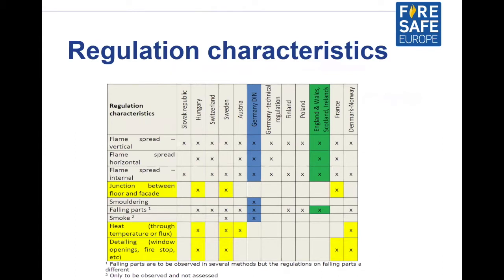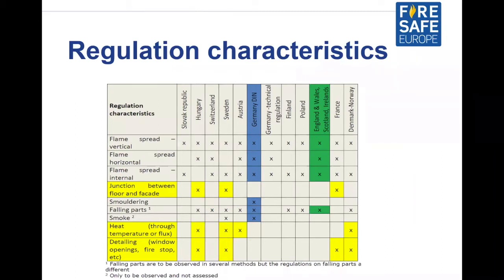Then we come down to some details on how to measure on the tests. We have some different heat and or temperature or heat flux measurements that are used. And we can also see that in some countries we also have to incorporate different kinds of detailing in the test.